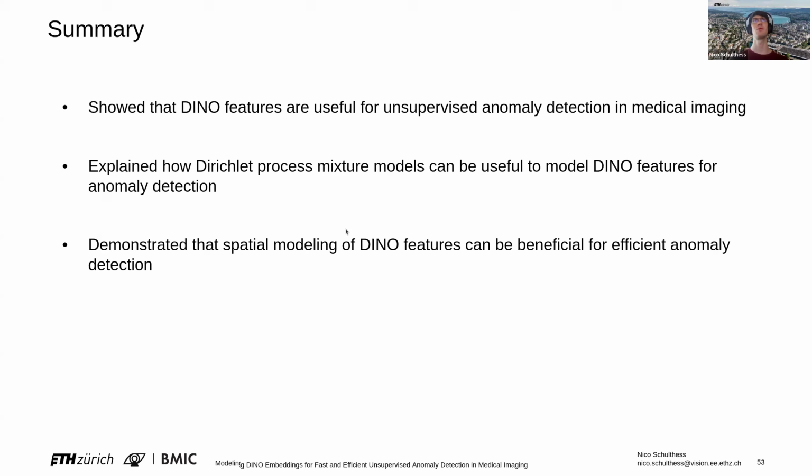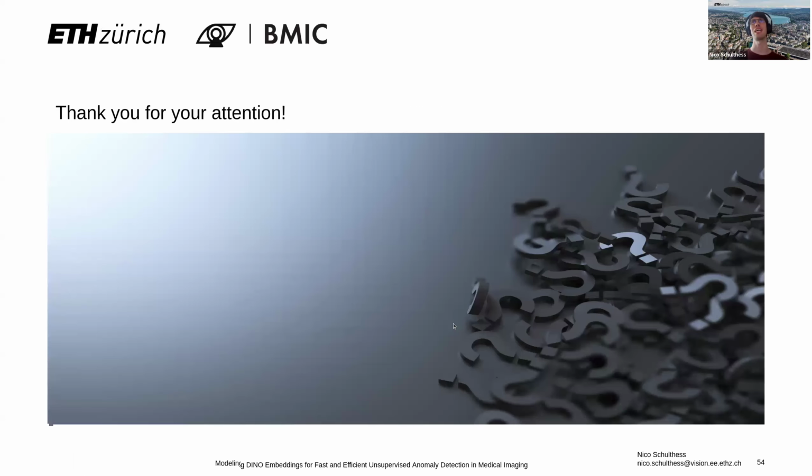And then in the end, we also demonstrated that spatial modeling of the DINO features can be beneficial to train an efficient model for DINO features that can also be used quite well for anomaly detection. So with this, I reached the end of my talk, and I thank you all for your attention, and I'm happy to answer any of your questions.